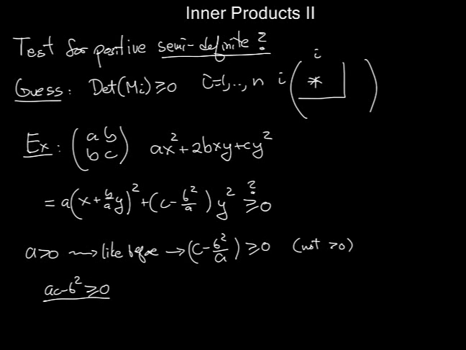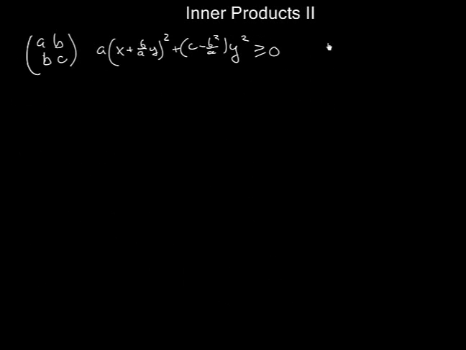So if a is bigger than 0, you also need that the determinant is bigger than or equal to 0. And that does look like the condition we were just talking about. But, so if a is bigger than 0, it all looks good.